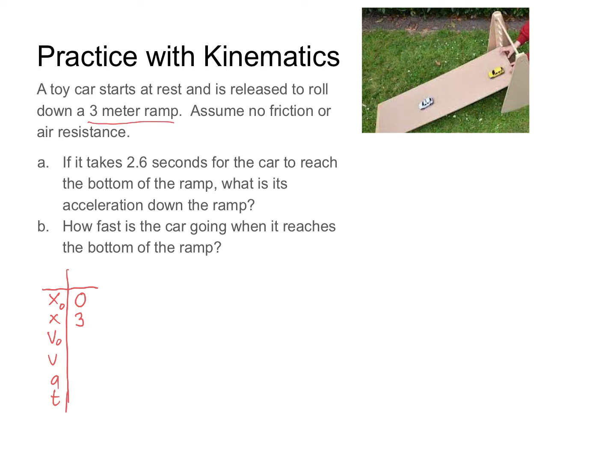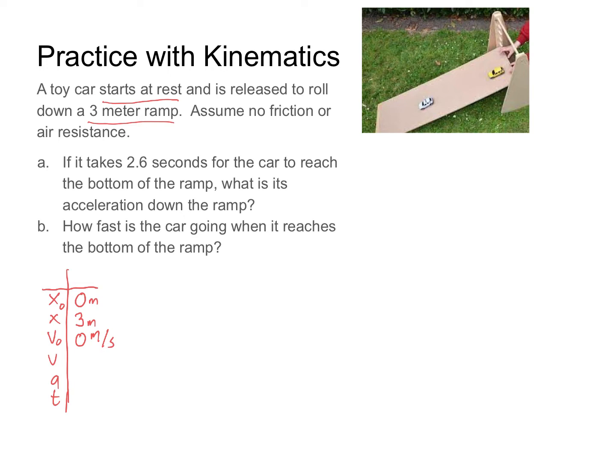Now, the initial velocity, it doesn't say explicitly, but it does say it starts at rest. So sometimes in these questions, you have to read a little bit deeper. And so we know that the initial velocity is going to be 0 meters per second. Now, I don't have the final speed. I don't know what the velocity is when it gets to the end of that 3-meter ramp. So I'm going to leave that blank for now.